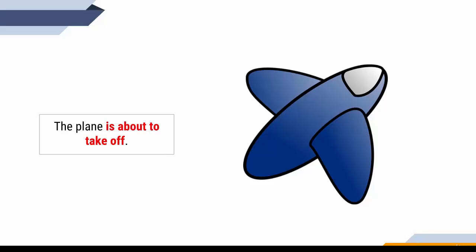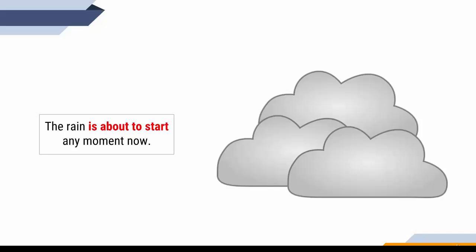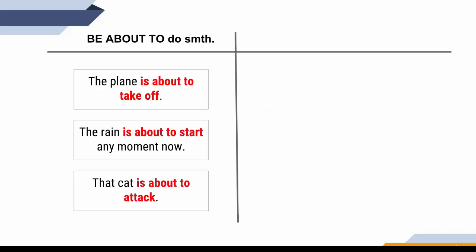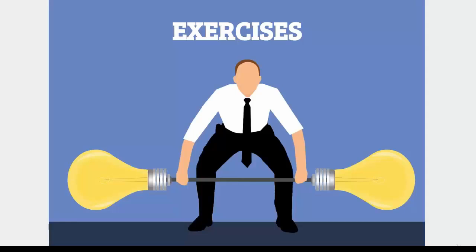The other structure, be about to. The plane is about to take off. Is about to. The rain is about to start any moment now. That cat is about to attack. Be about to. The meaning here is that something will happen in the very near future. This one can be used in formal as well as in informal context.